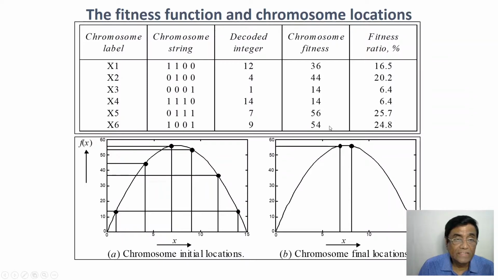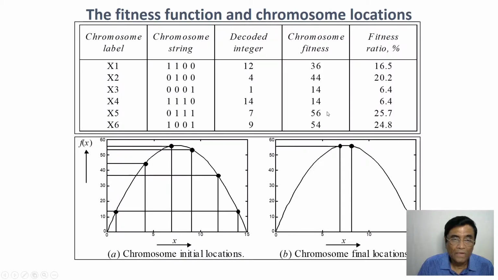Now we'll have to take a decision, because now you'll have to apply the crossover operator so that you can generate, through mating, fresh offspring who will be fitter, right? So this is the decision.